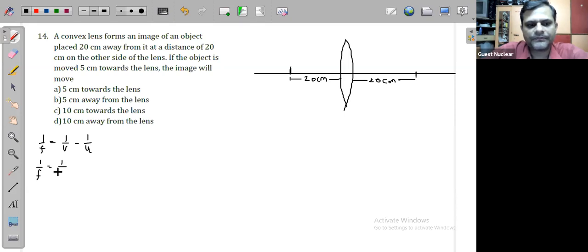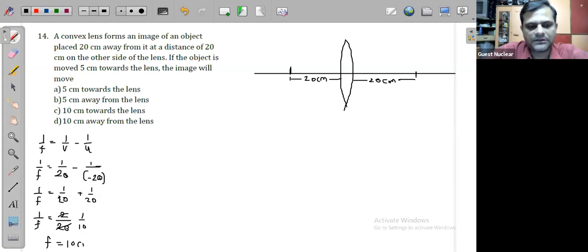V is going to be 20 plus 20, yeah? And here minus of 1 upon u. U is going to be minus 20 actually, because u is always negative. So if we just put it here, then we can just be able to get this 1 upon f to be simply equal to 1 upon 20 plus 1 upon 20, which actually happens to be 2 upon 20, means f must be equal to 10. Okay, 1 upon 10 ये बनेगा, मतलब f becomes 10 centimeter here.